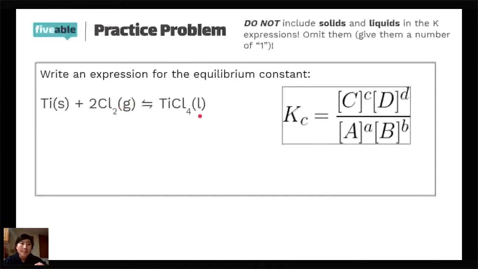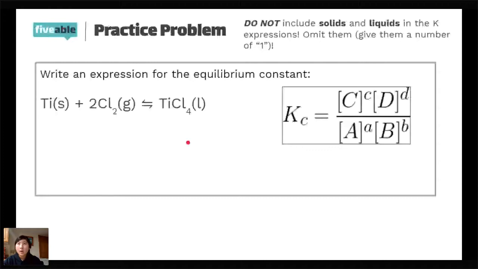You can see we have Ti, which is a solid, plus 2 Cl2 gas, and you can create TiCl4 liquid, right? First of all, we need to identify the products and the reactants for our equilibrium constant. Also remember that we cannot use solids and liquids in the K expressions.